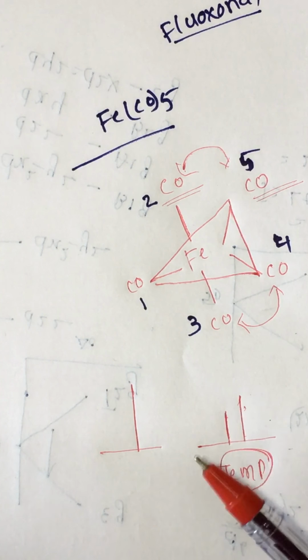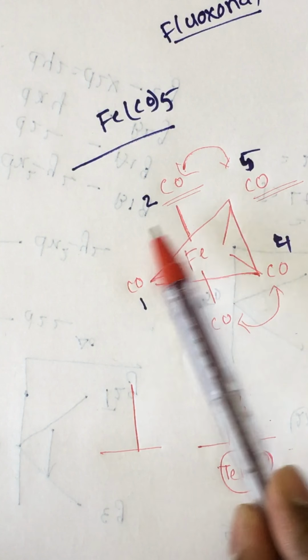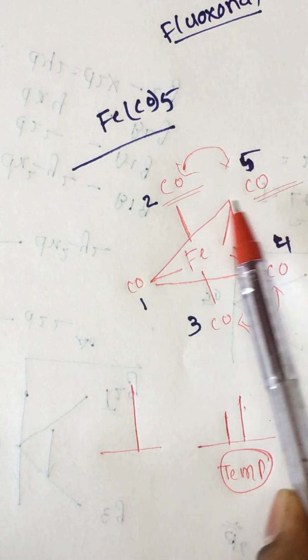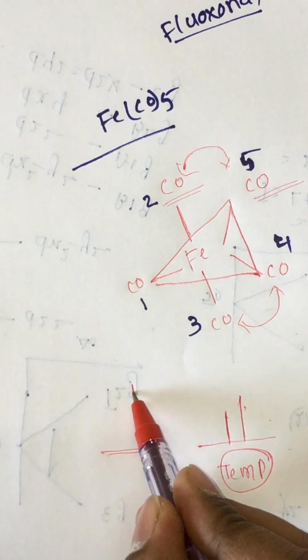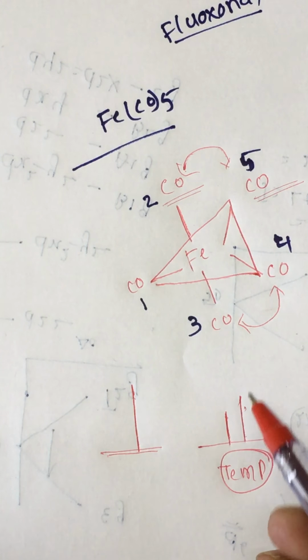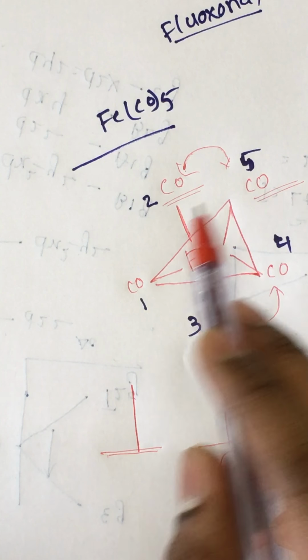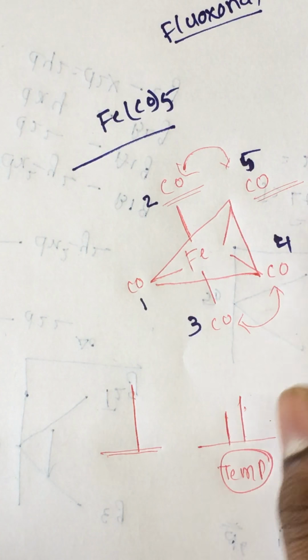At high temperature the exchange between the axial and equatorial is taking place between 2 and 5 and 3 and 4. Because of this, at high temperature we get a single peak, whereas at low temperature this exchange will not be that dominant.